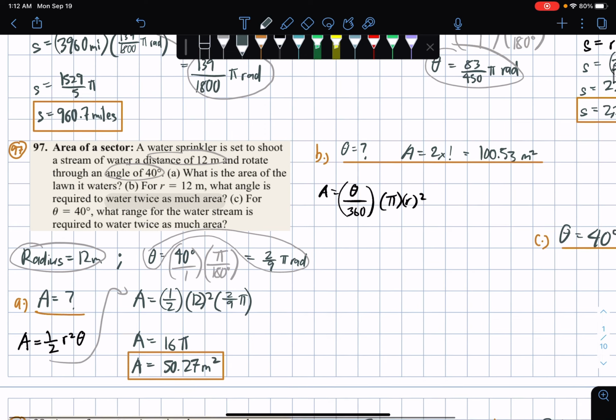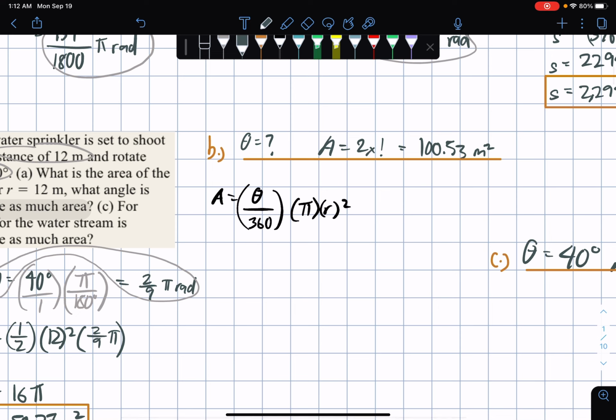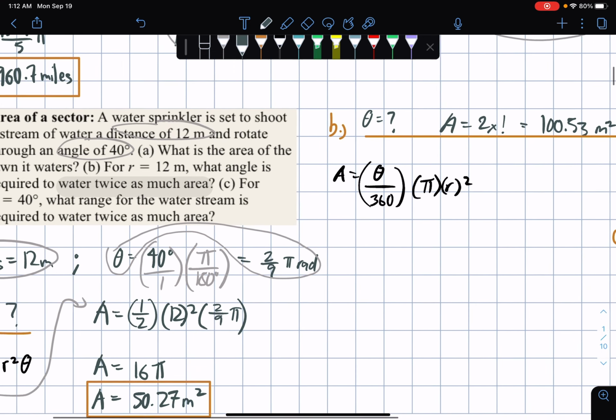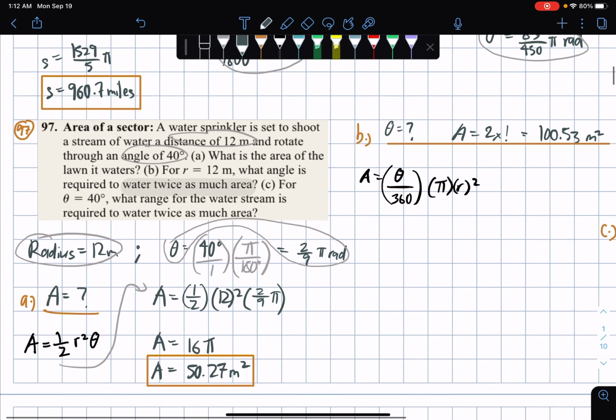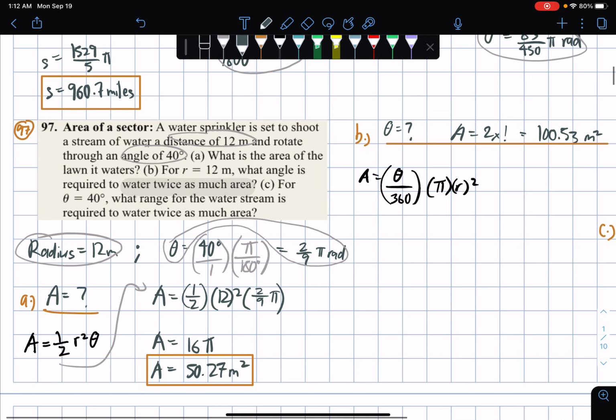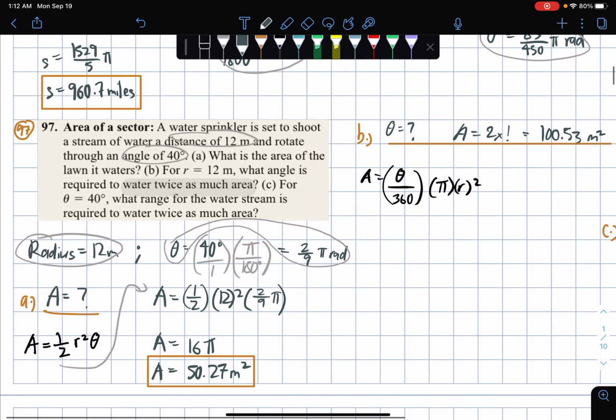I think we have everything that we need. The radius is still the same value.